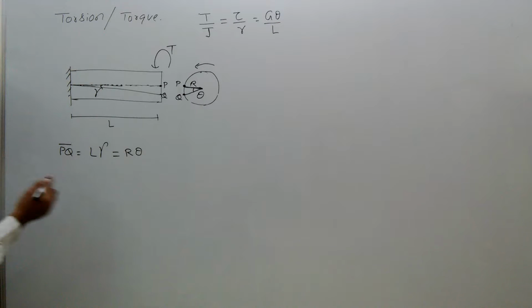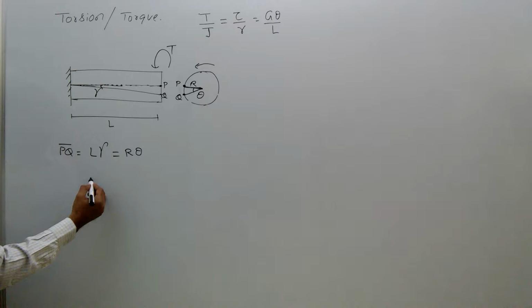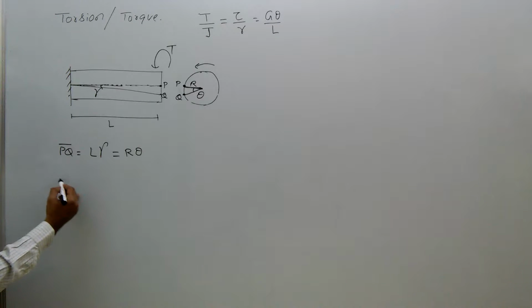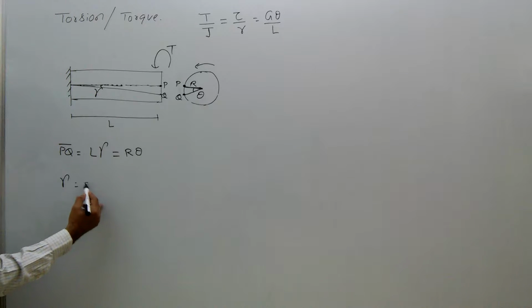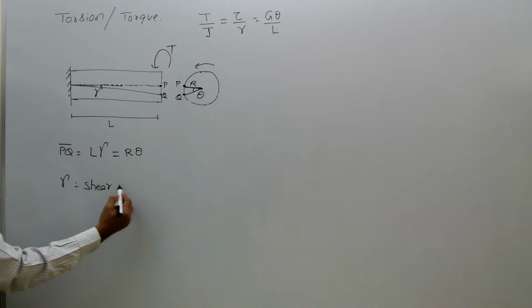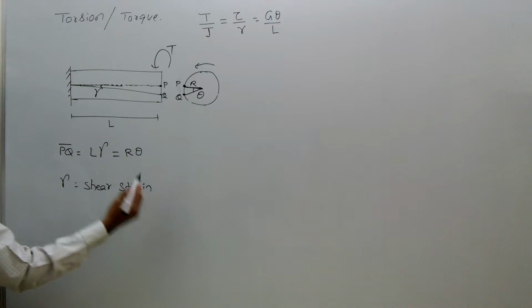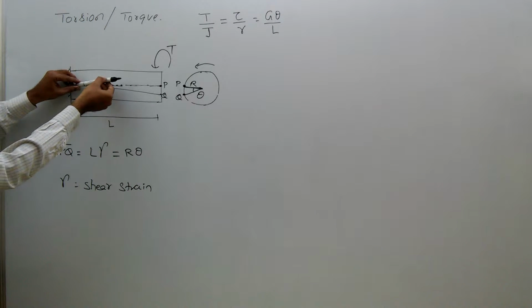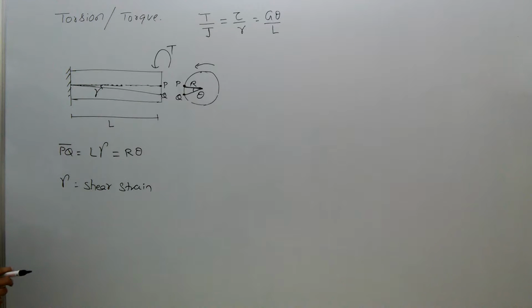Here gamma is the shear strain, because the angular deformation of the horizontal line is called shear strain.